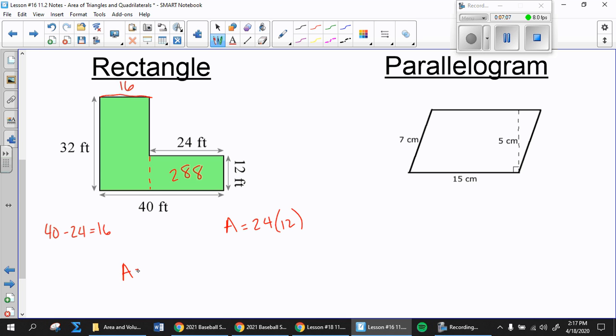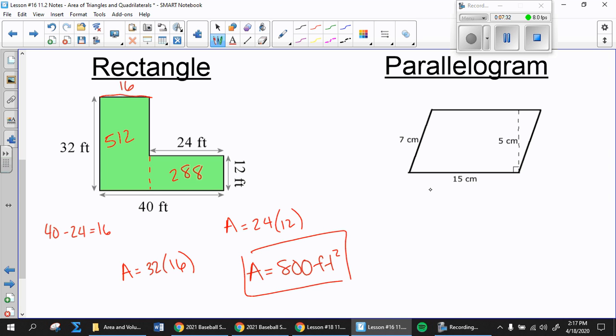And so to find the area of that, we're going to take 32 times 16. We're going to get 512. And then we simply add 512 plus 288. And we're going to get the area of the whole thing to be 800. Now we know it's feet, so feet squared.